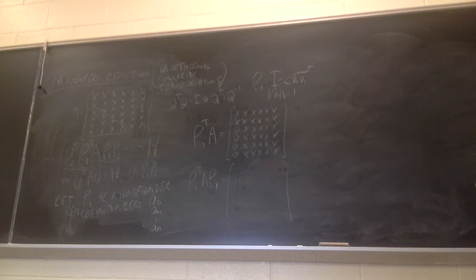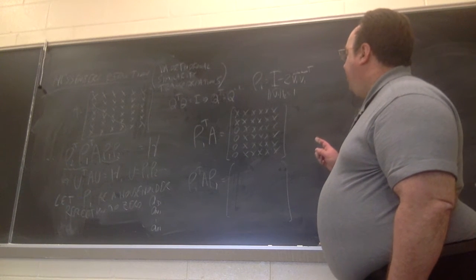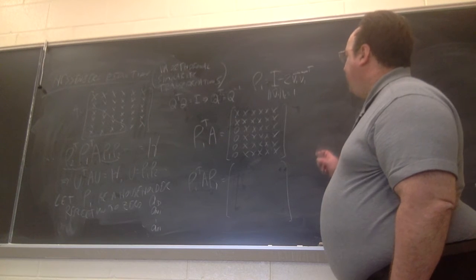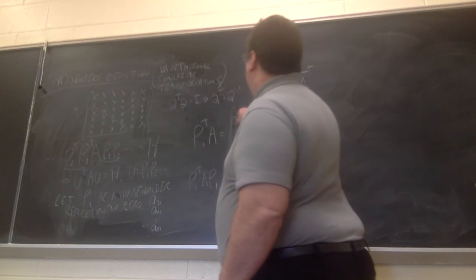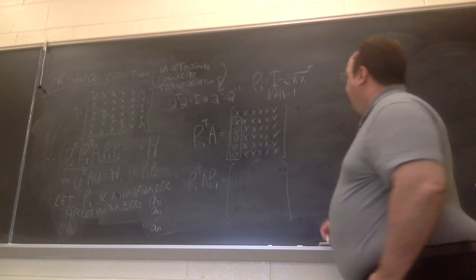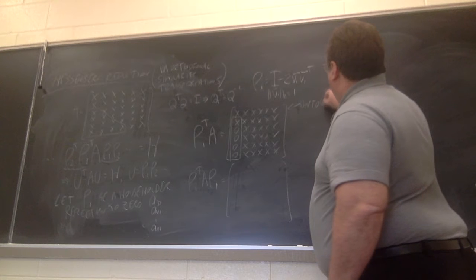And so if you're making V1 in such a way that you only affect this part of a column, and you're not touching this one at all, then the first row is untouched.